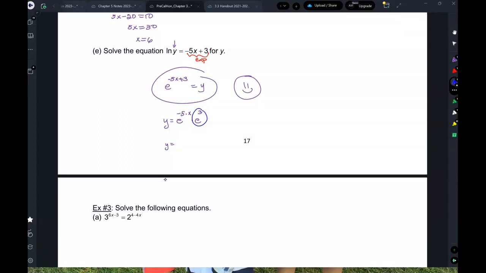Apparently it's 20.1. So e squared is 7.4. This I just know because I know. And then e cubed is 20.1. So I can also write this as 20.1 e to the -5x. So look, all of these are equivalent statements, right?